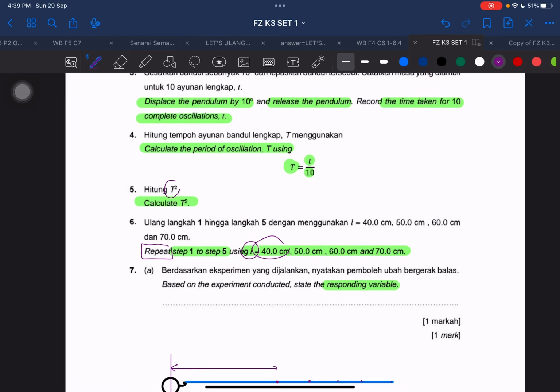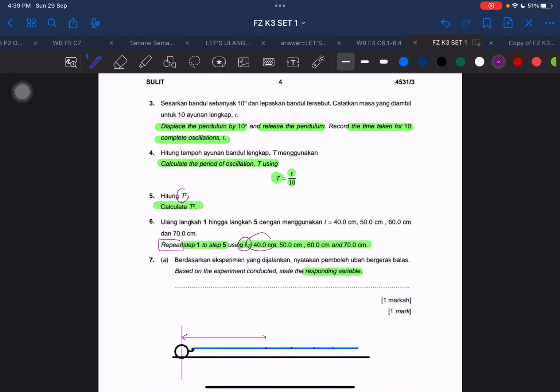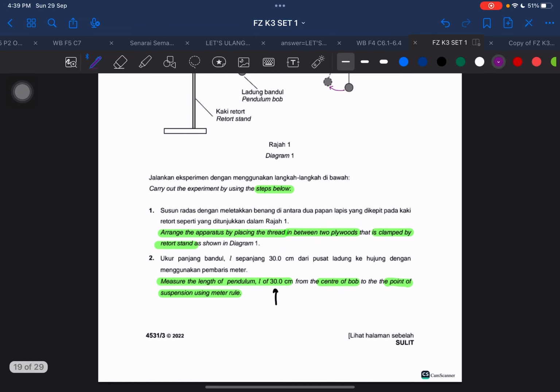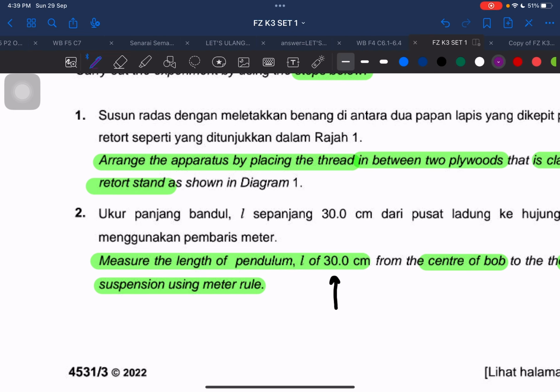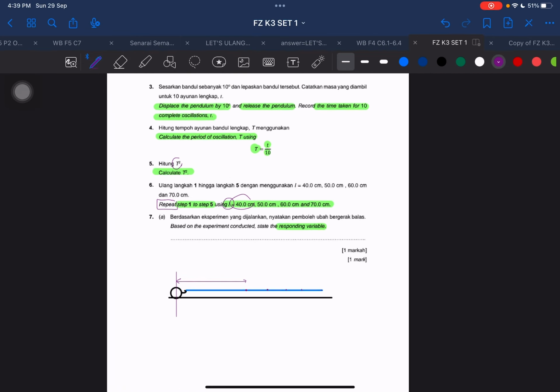But the question did not ask for the manipulated variable. If asked, the manipulated variable is this L. Responding variable in this case is here.